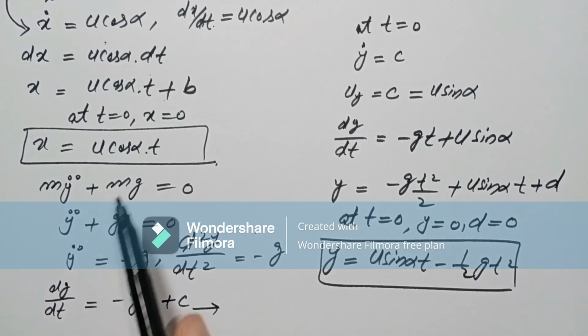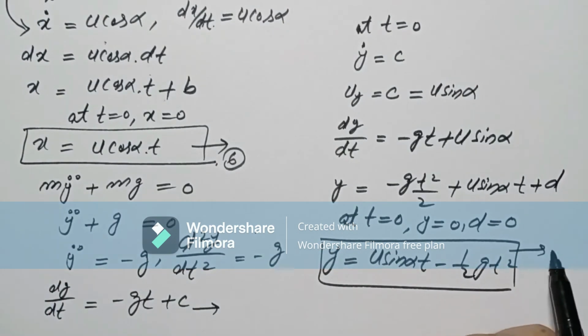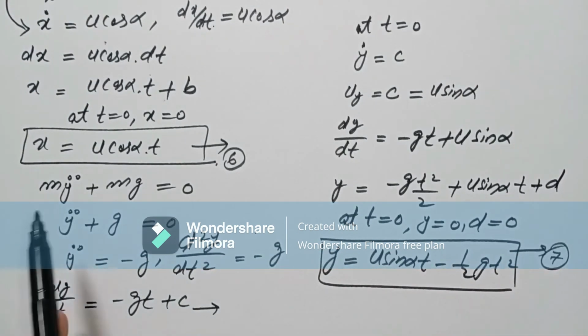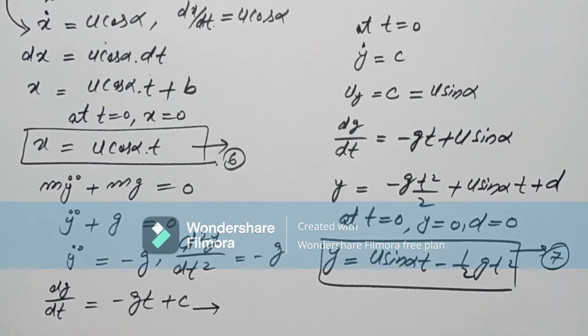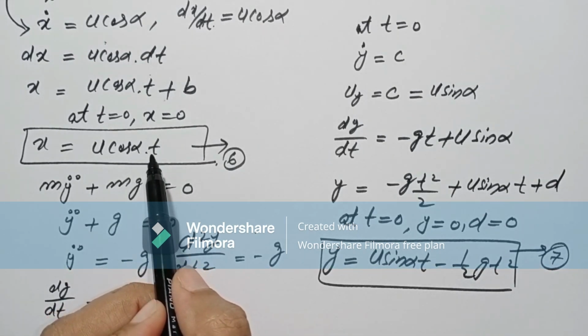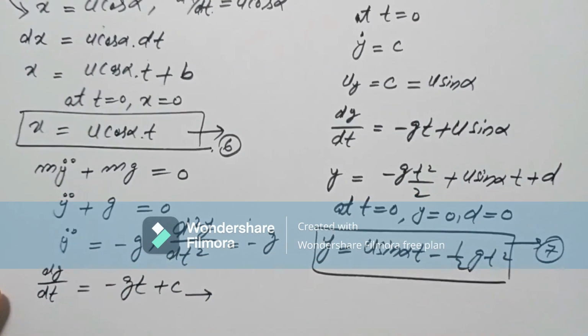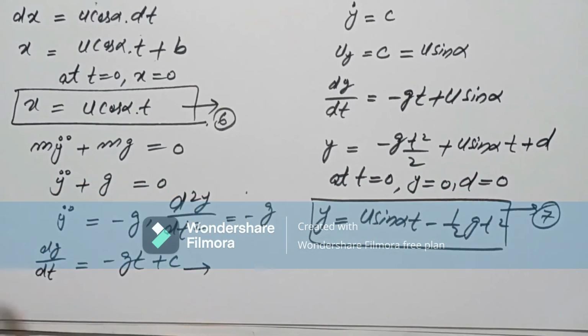Now we can couple these two equations to find the equation of the trajectory of the projectile. We can substitute the value of t from equation 6 in equation 7 to eliminate time.